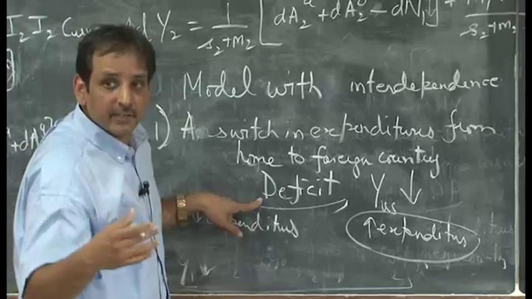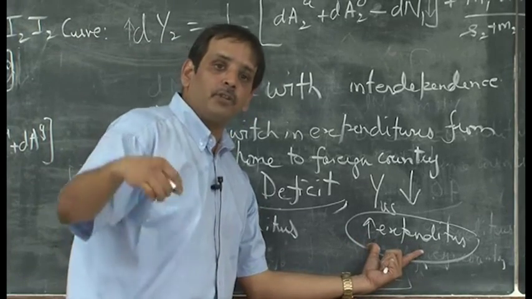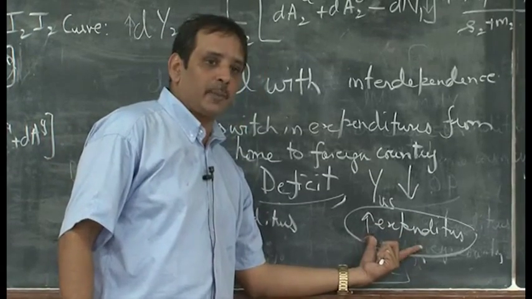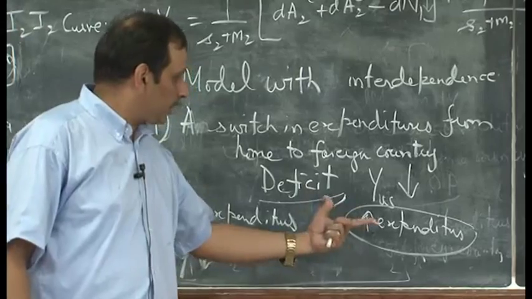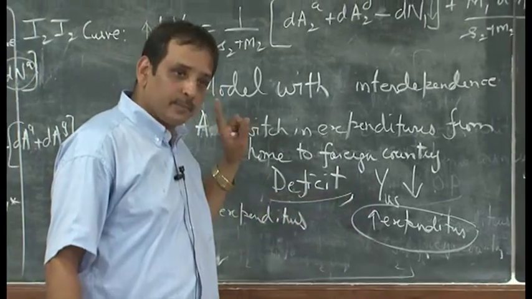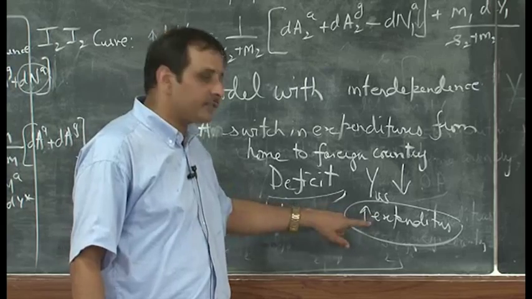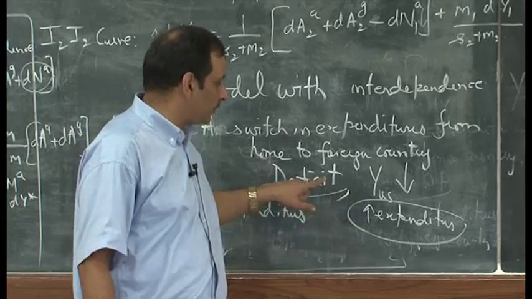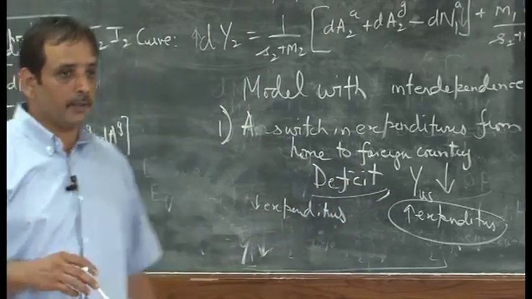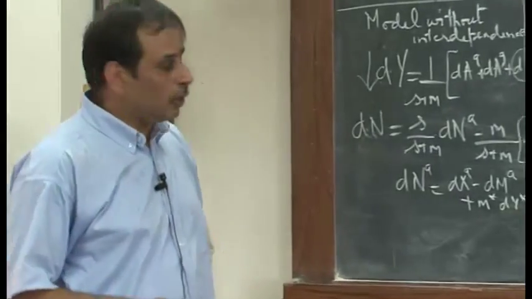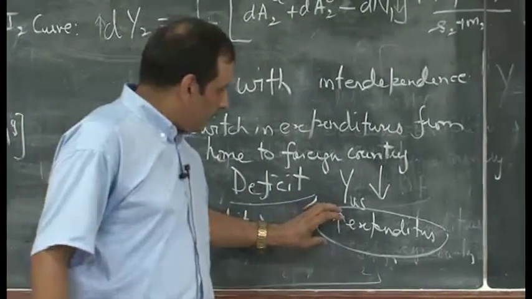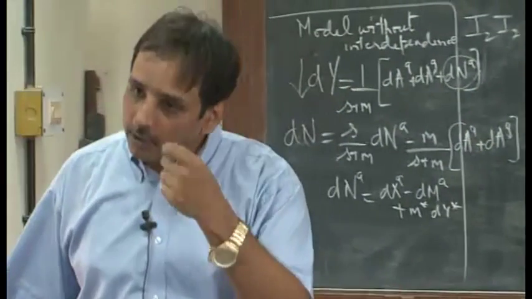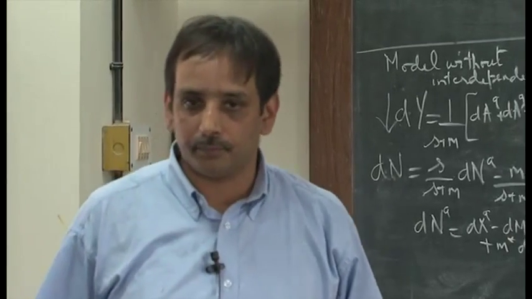It is altruistic in the sense that it takes care of both internal and external balance in Japan, because the increase in expenditure increases incomes there, and it also takes care of the surplus which was created because of the deficit in the balance of payments. So this is a case where your policy is altruistic. It's not good for you, but it's good for Japan.